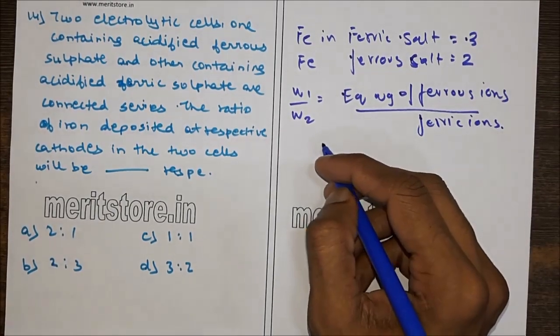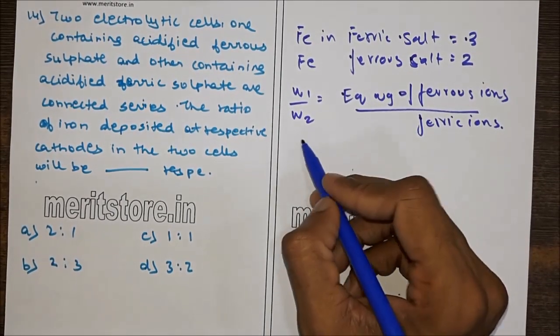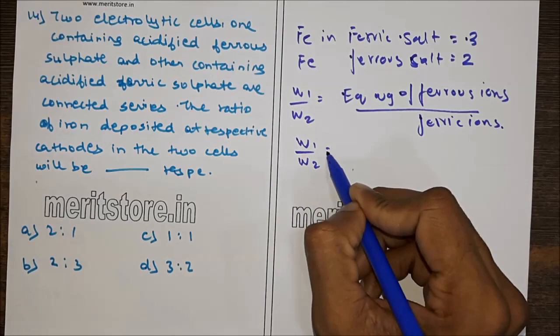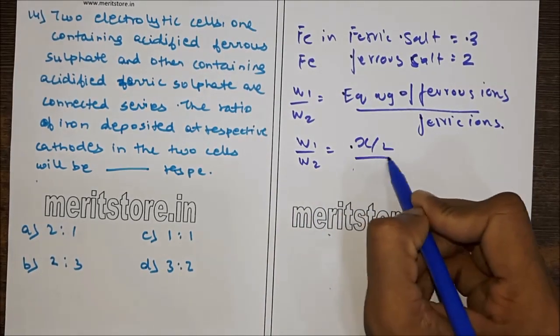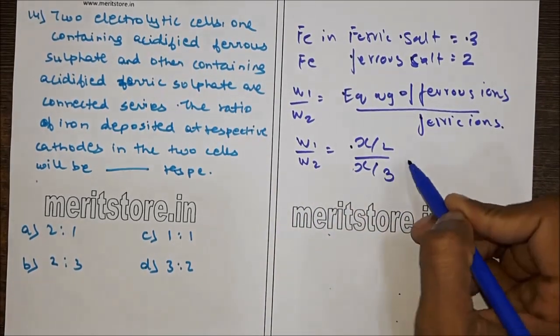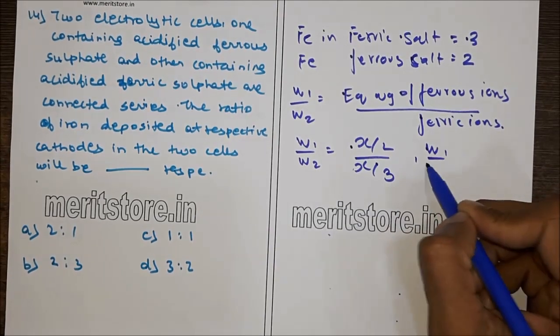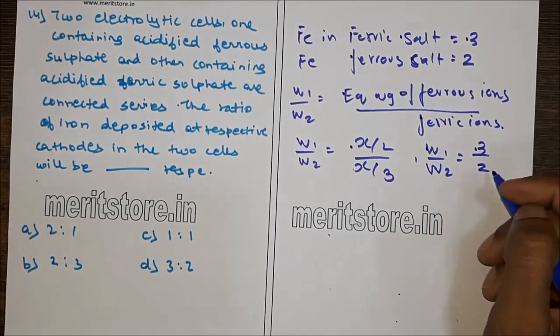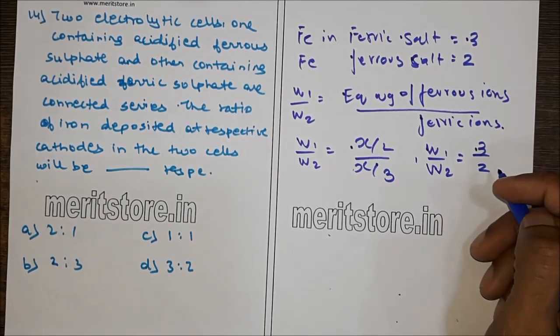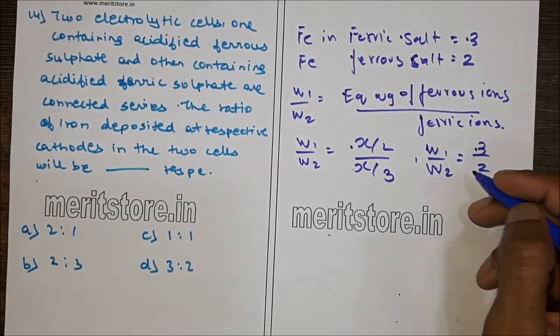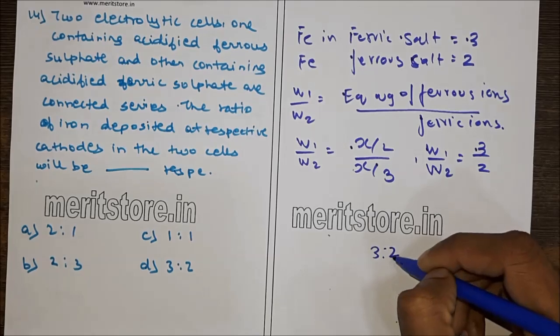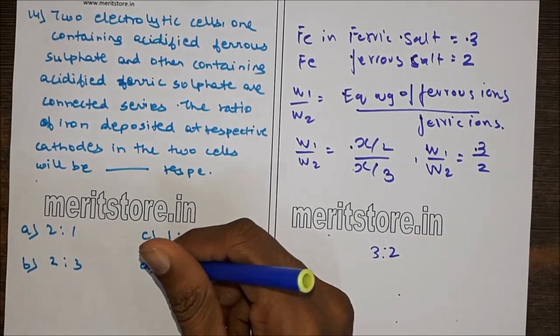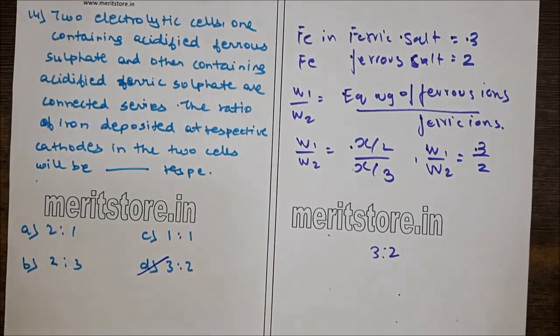Let X be the atomic mass of iron, so W1 upon W2 is X by 2 upon X by 3, which gives W1 upon W2 equal to 3 by 2. Therefore, the ratio of iron deposited at respective cathodes is 3:2, which matches option D. Therefore, option D is the correct answer.